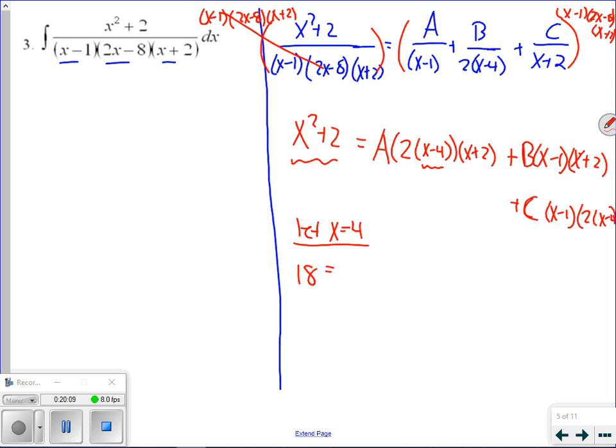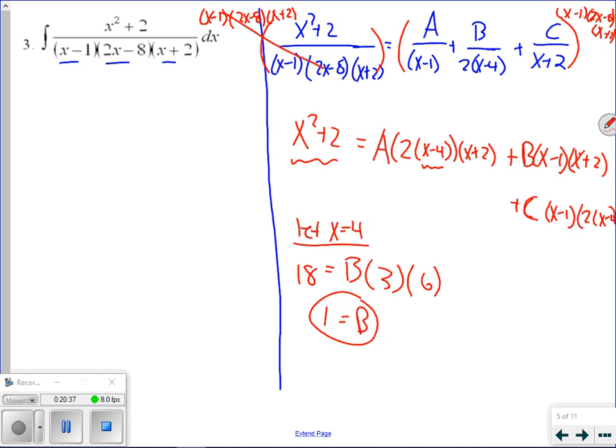The 4 is going to cross out your A term and your C term, the two factors that have x minus 4. So I'm left with the B term: B, 4 minus 1 is 3, 4 plus 2 is 6. 3 times 6 is 18, so B equals 1.